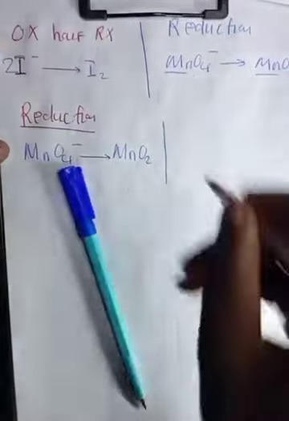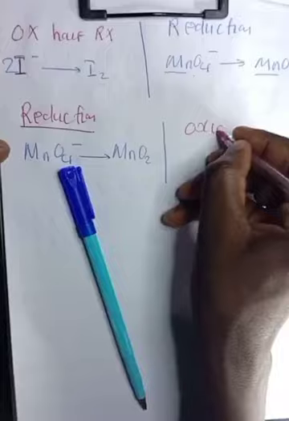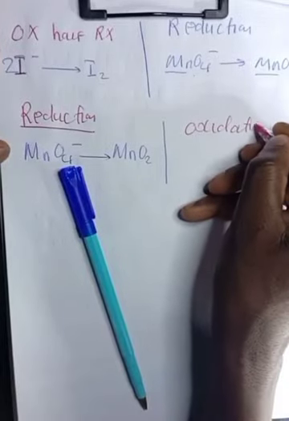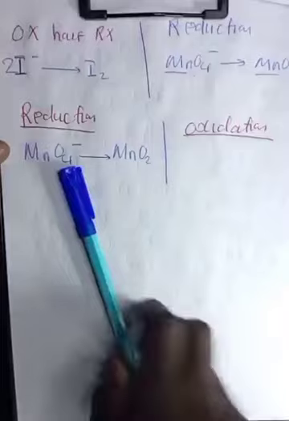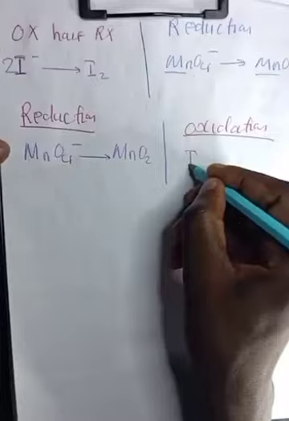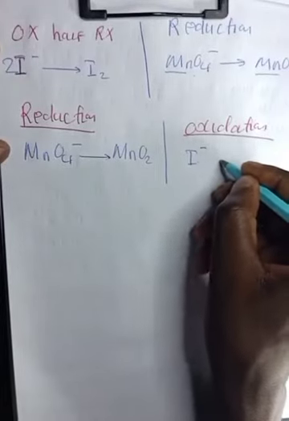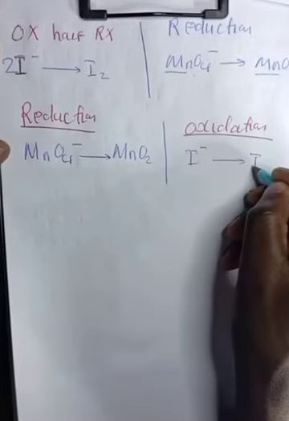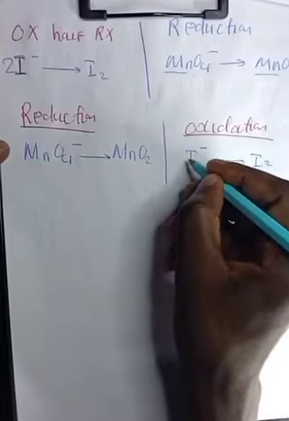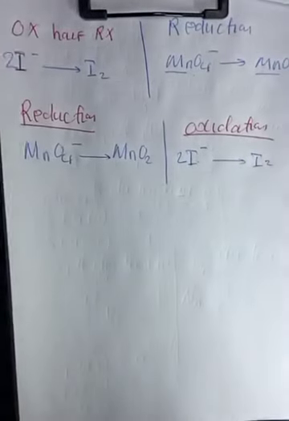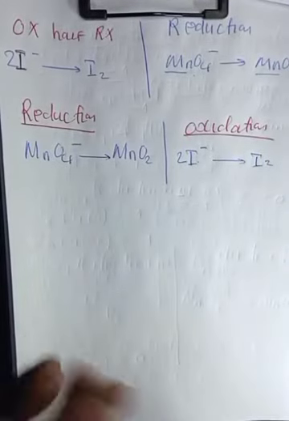Then for the oxidation, I've just swapped the 2 so that we create space. I minus, we are getting I2. So we put a 2 there to balance it. Okay. So now let's go to the other step.